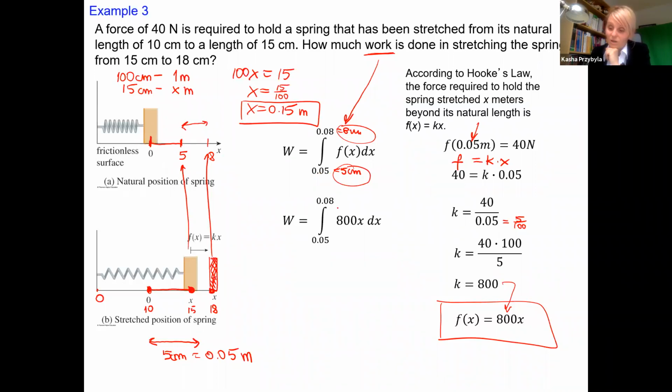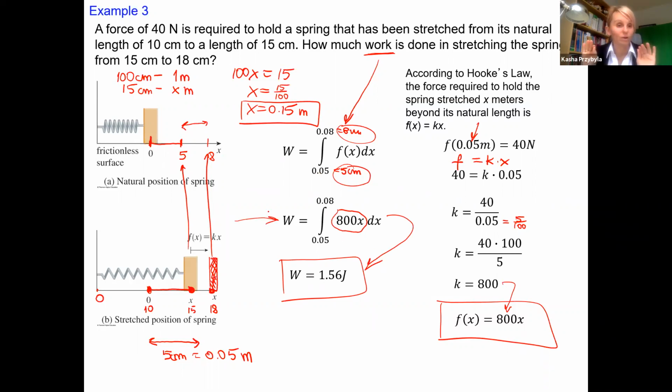Okay, and you can see we know where the 800 came from, differentiating this, integrating 800. And I think I didn't type my work, but you can try to integrate. But as I said, I will ask you to set up this integral only.